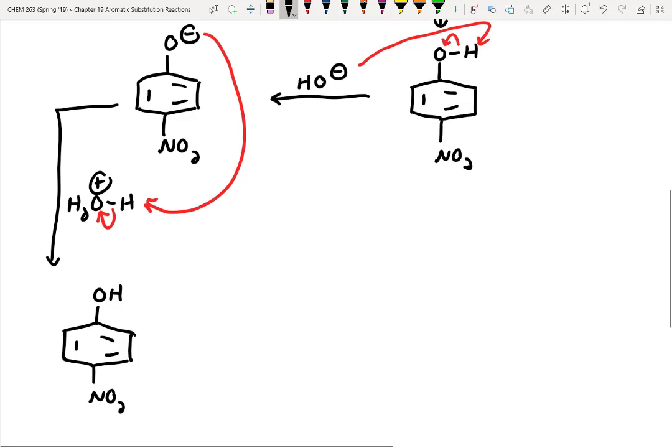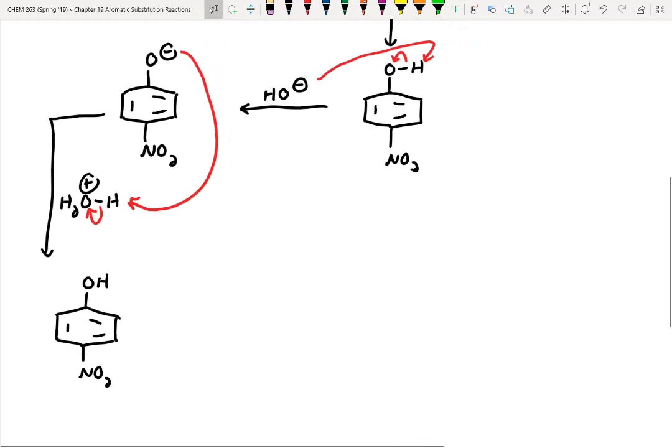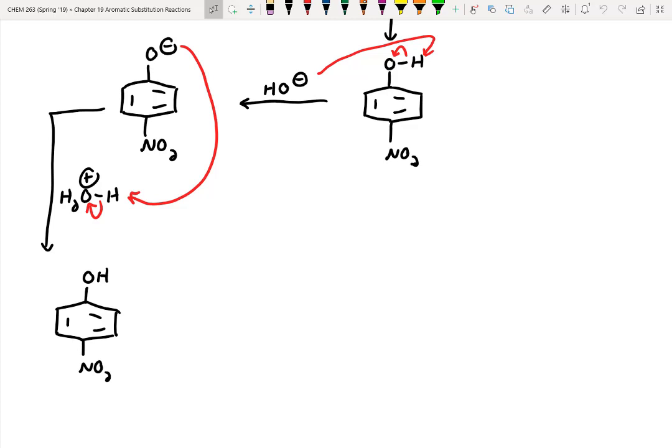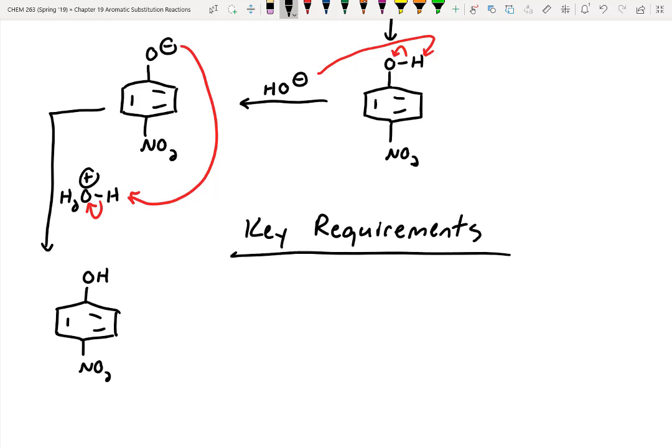So it's a little bit weird. All right, there's a few things that are required in order for this mechanism to occur. You have to spin around 3 times and sprinkle it with fairy dust. Nope. First one is we must have a leaving group.